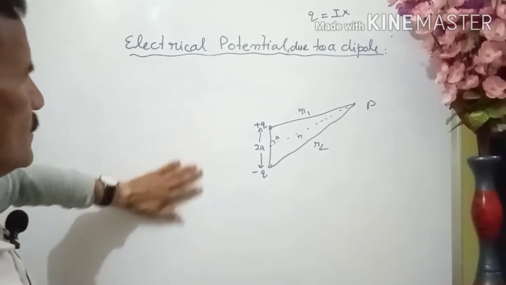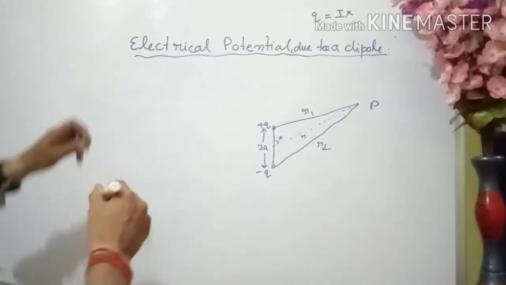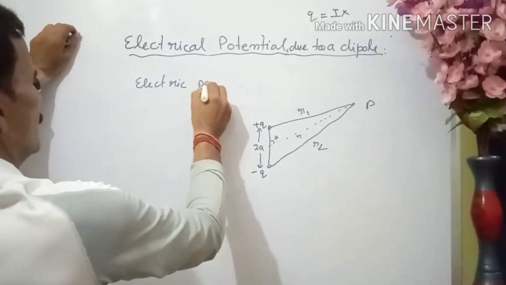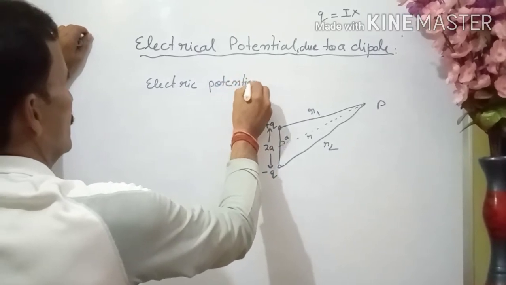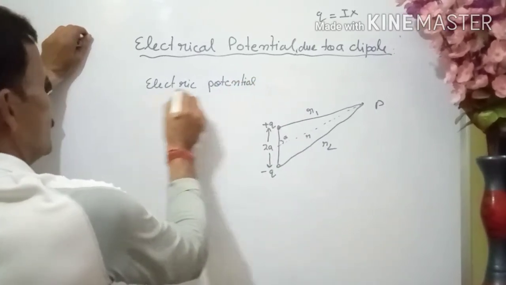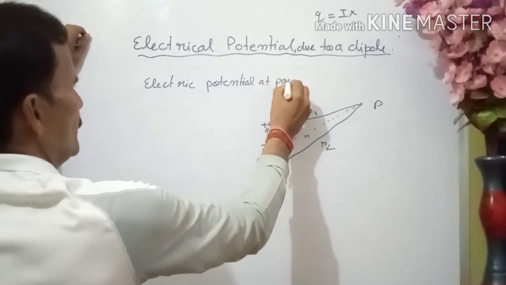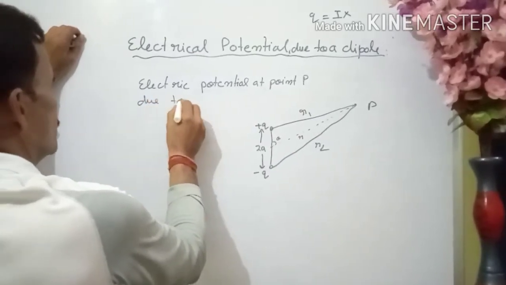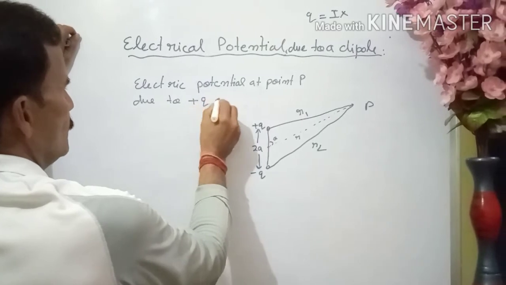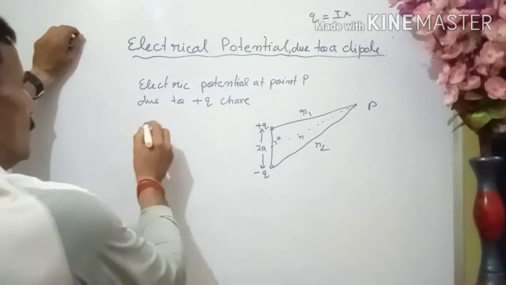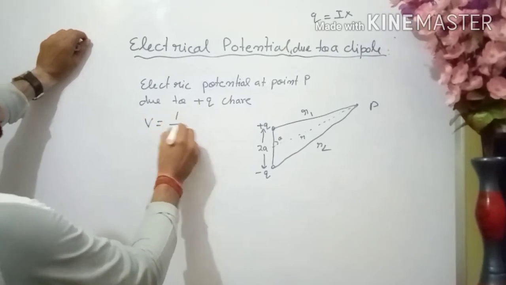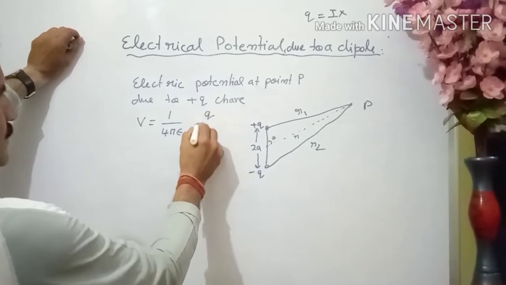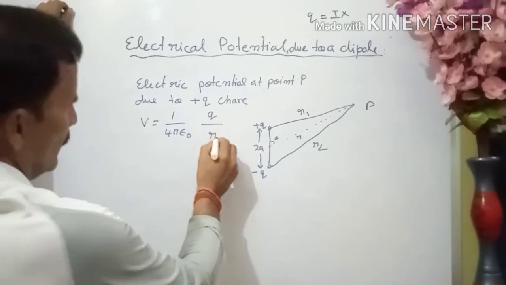Then what is the electric potential at point P due to plus Q charge? You have already done the formula: 1 upon 4 pi epsilon naught Q upon R1.